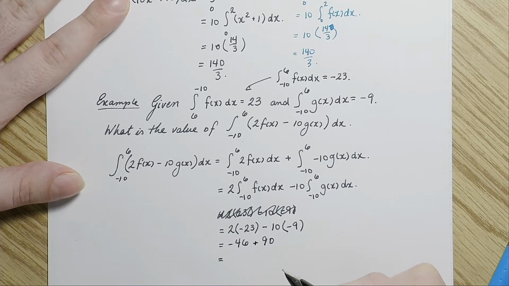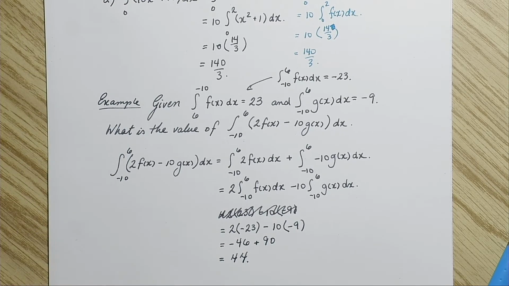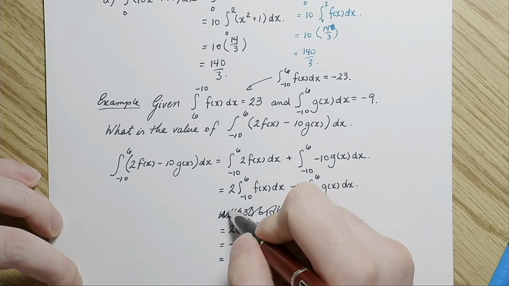And 90 minus 46 leaves me with 44. Okay, good, and it's showing up on the screen. And this is the final answer for that.